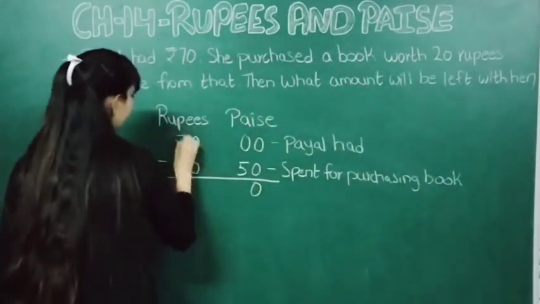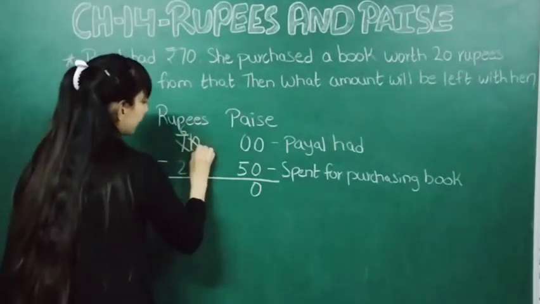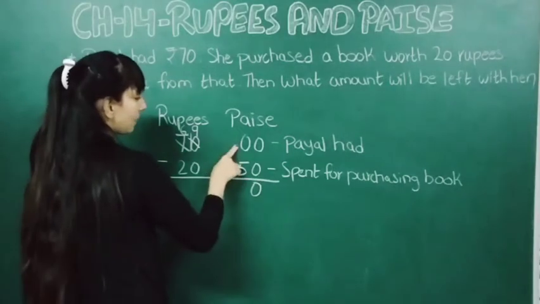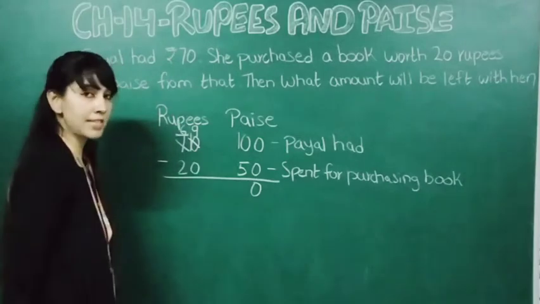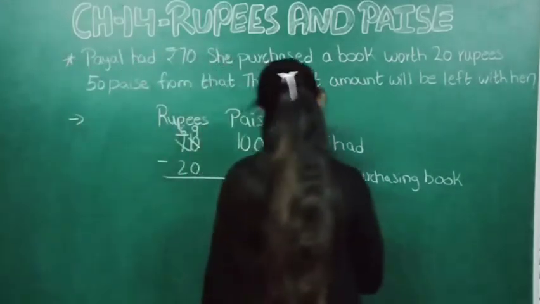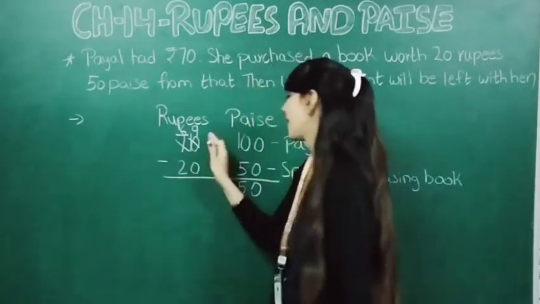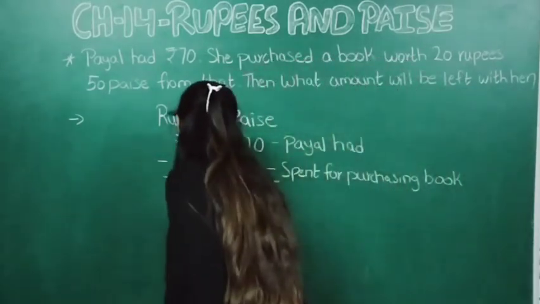Okay, so this will become 6 and this will become 10. We will just cut this 10 and make it 9. Okay, now we will just place here 1. So this will become 10. Now 10 minus 5, yes, you will get 5. Now 9 minus 0, yes, you will get the same number 9.